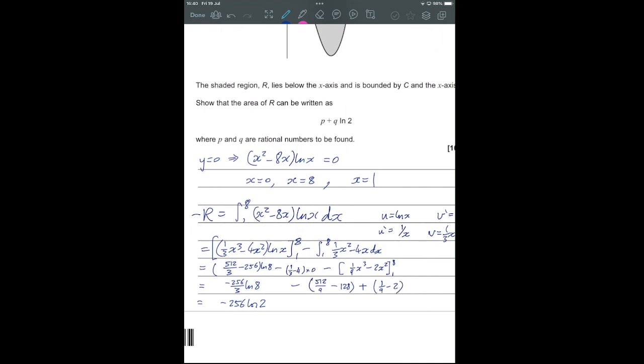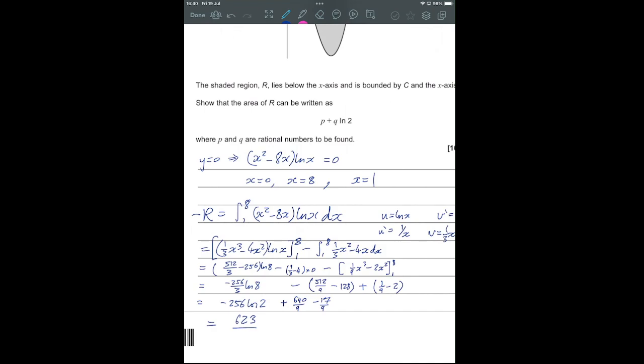And again, trusty calculator. 512 over 9 minus 128 gives negative 640, but I've got a minus sign in front of that. And then a ninth minus 2. Negative 17 over 9. And I think I've just managed to fit all of this in one spot. So that's going to be... not quite.